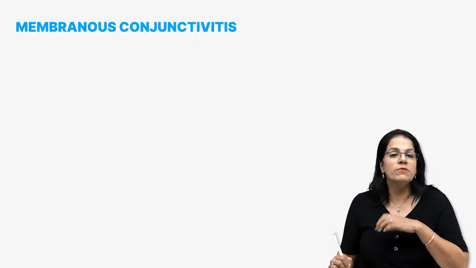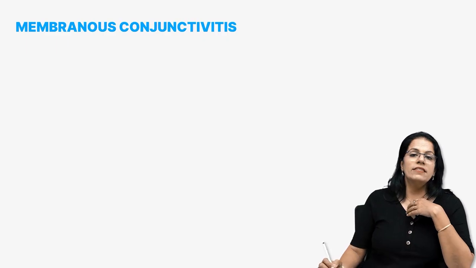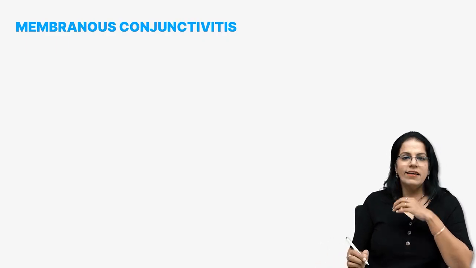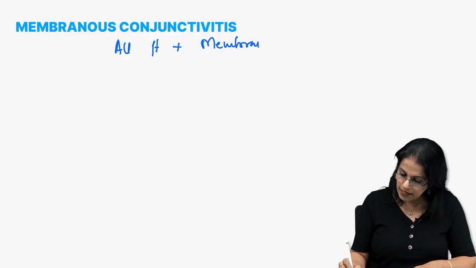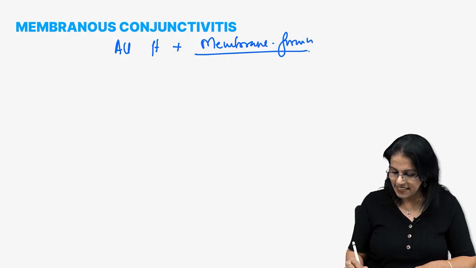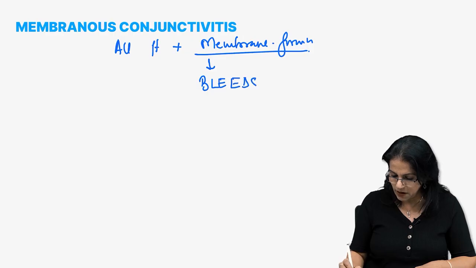We come to the next, membranous conjunctivitis. Again, learn in my style all the features with membrane formation. And what is a membrane? True membrane formation, which bleeds on peeling.